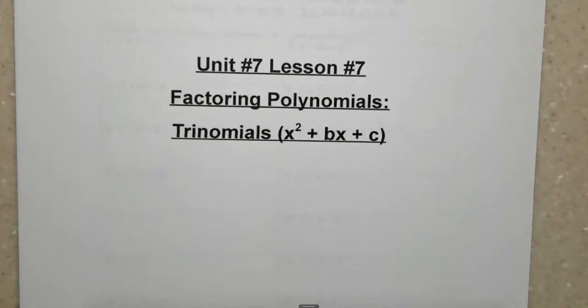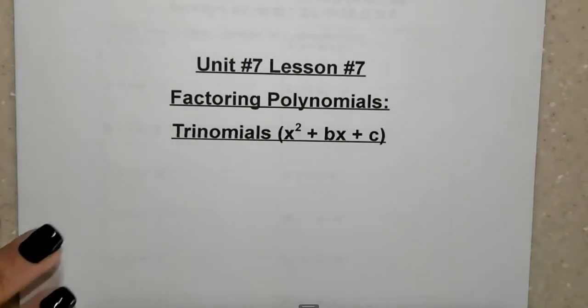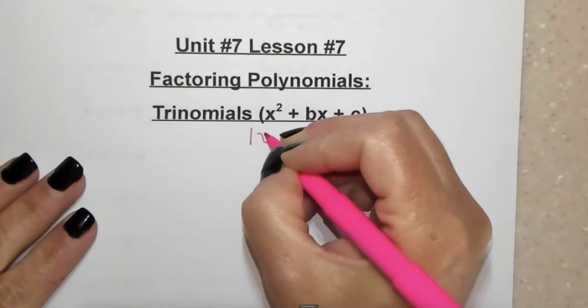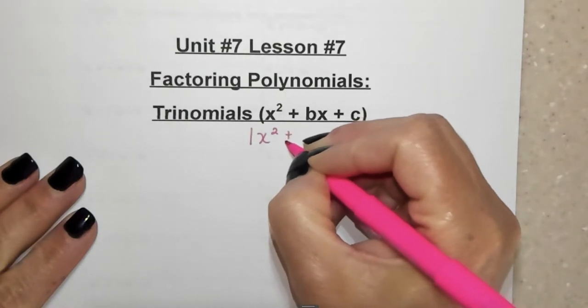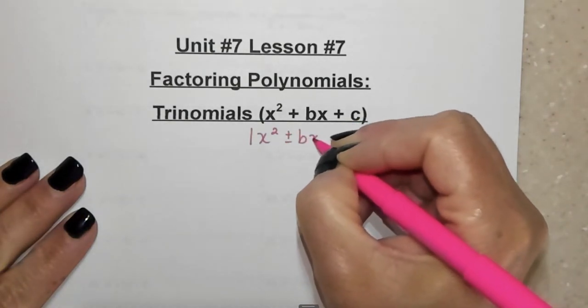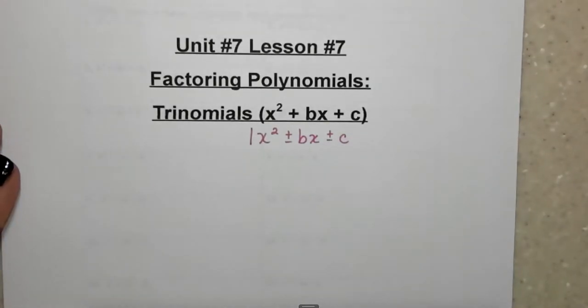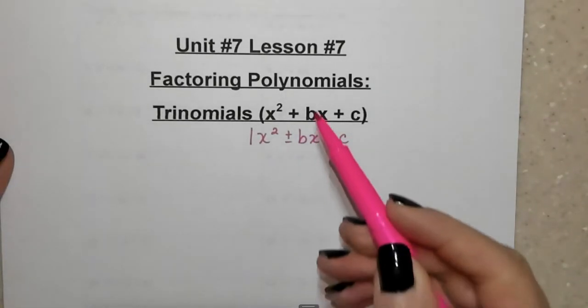So let me show you how I would write this if I were writing the rules of math. I would write it like this. It's a 1 x squared plus or minus the bx term plus or minus the c term, because in reality, that's what you're dealing with.